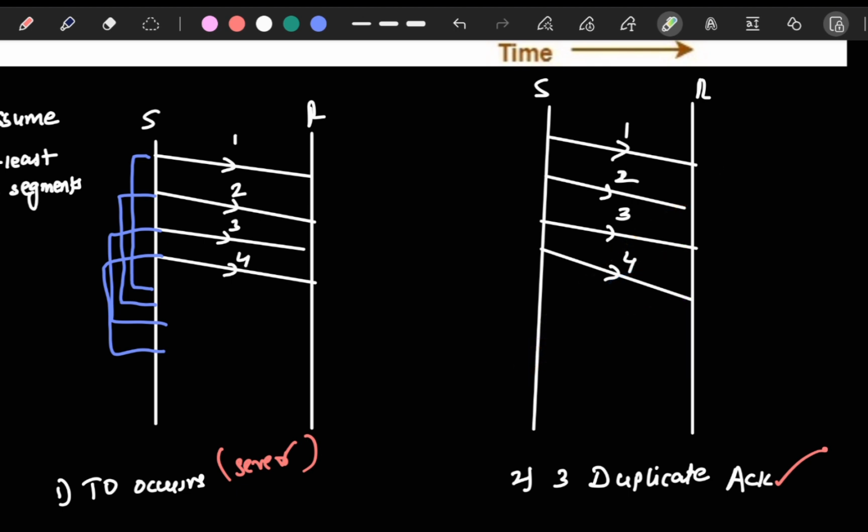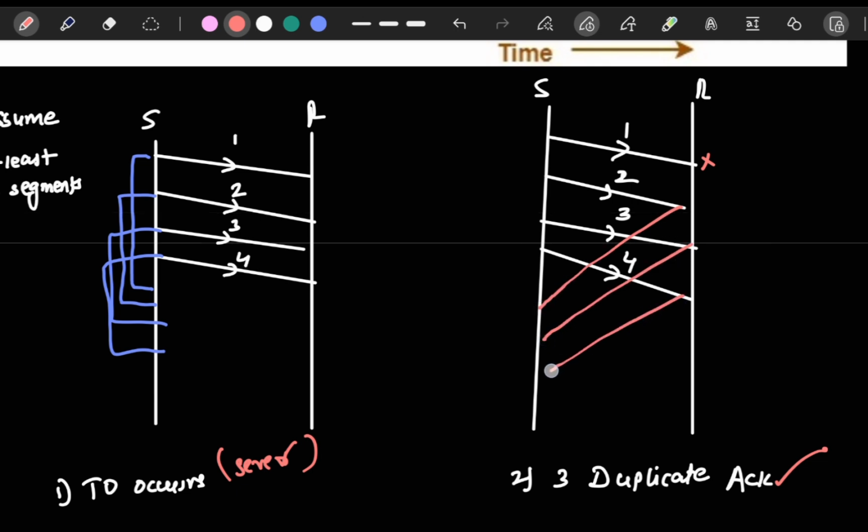So what I mean is the sender will send many packets, and out of that one of the packets is lost, and after that some packets are received. That is 3 duplicates. See, in this case you have sent 4 packets and one packet is lost, right? After that 3 packets are received.